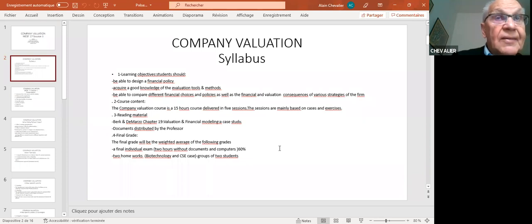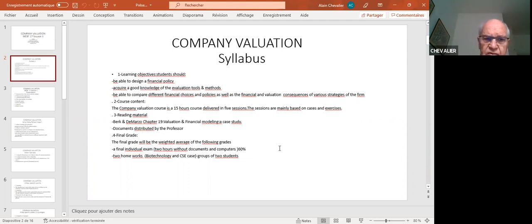Also, we come back to how to design a business plan and financial model, estimating the cost of capital, valuing the investments, making a sensitivity analysis, and introducing all these elements in the valuation process. It's a very good chapter with a good example, and I suggest that you read this chapter very carefully. And you have my slides, of course, and a few past exams I will distribute for tomorrow's course.